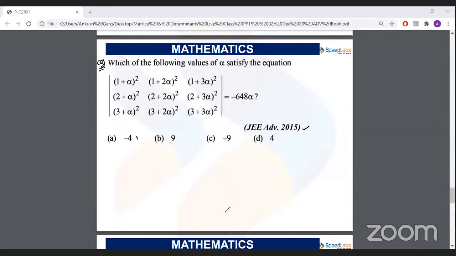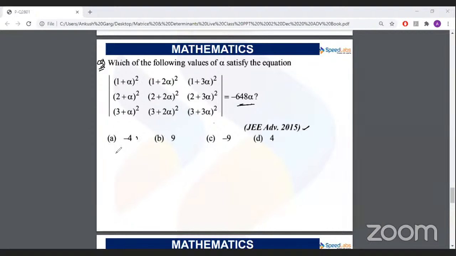Yes, anyone? Just tell me the concept with which you will start solving this. So it's quite an easy question to look at, determinant का value इसके equal है and you have to simplify and find alpha. But how to simplify this determinant? That's the question, right? Because you can't simply expand it.